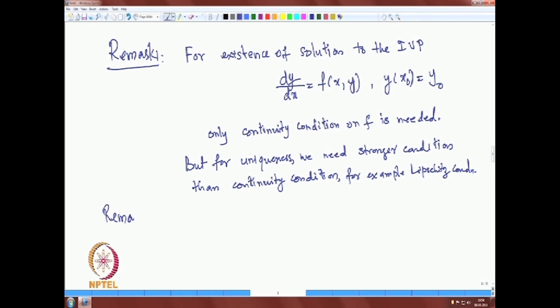So, remark 2, a weaker version of Lipschitz type condition.